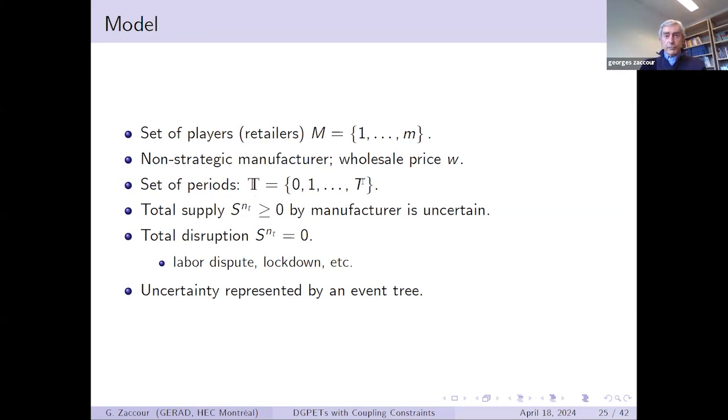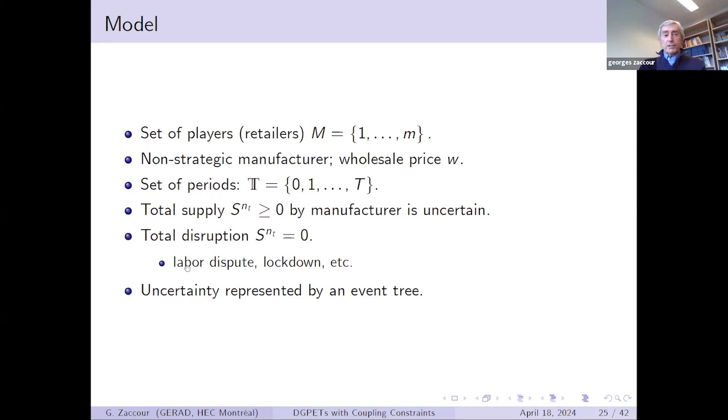We have a set of capital T periods, and the total supply by the manufacturer at any node NT, which is denoted by SNT, is uncertain. In fact, we want to deal even with the case where we have total disruption in the supply chain, meaning that the manufacturer is not able at all to produce, so SNT would be equal to 0.